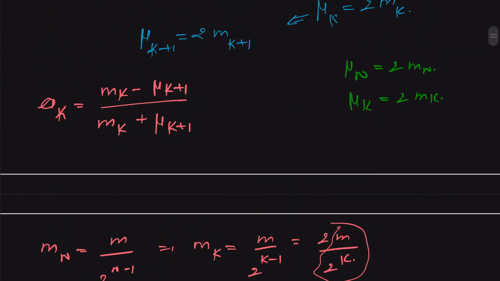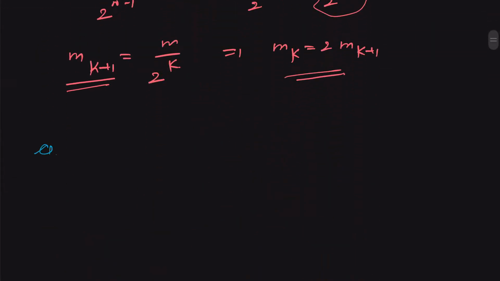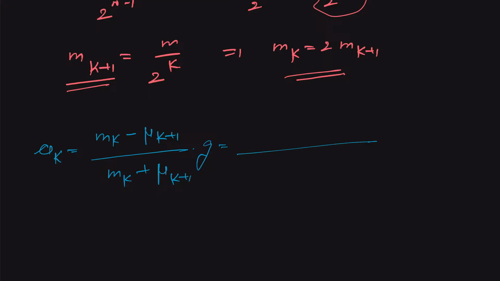And we are going to use this particular equation. So let me write it here once again. We have acceleration is equal to m of k minus mu k plus 1 m of k plus mu k plus 1 times g, and we substitute it, we get this as m of k minus twice m of k plus 1 divided by m of k plus twice m of k plus 1.